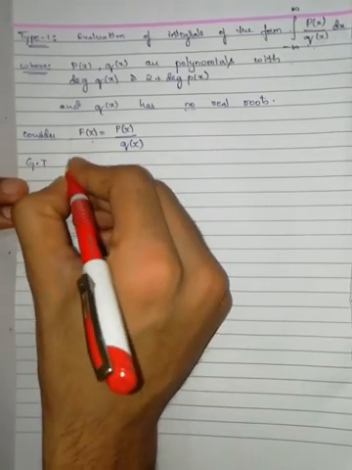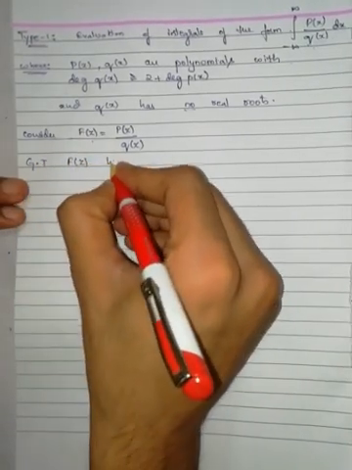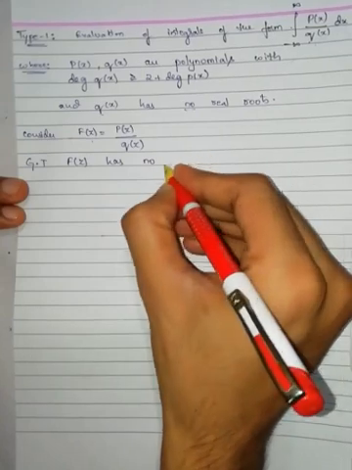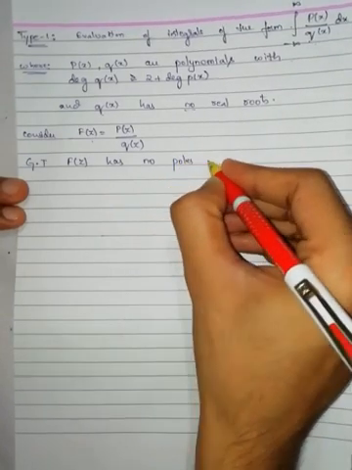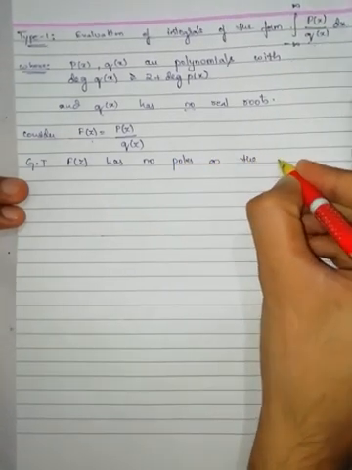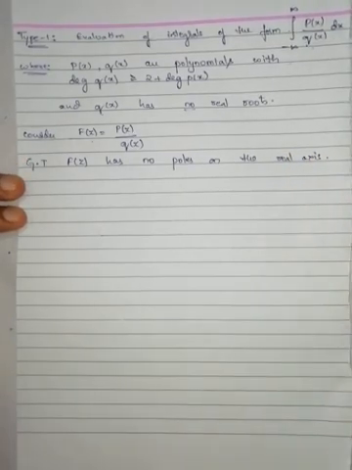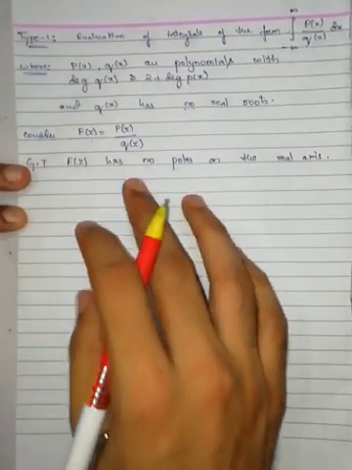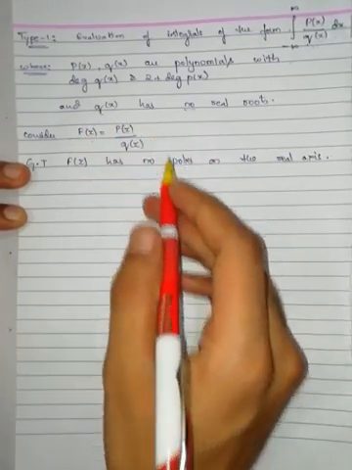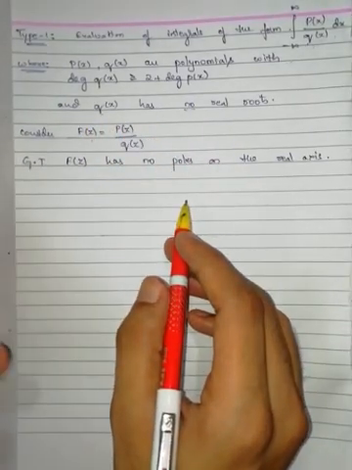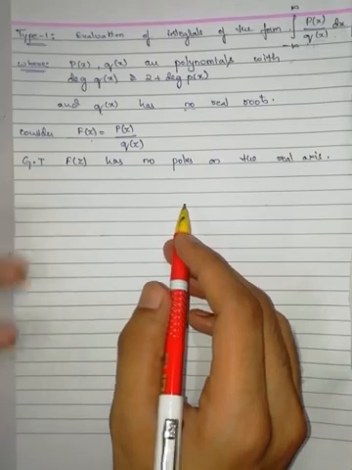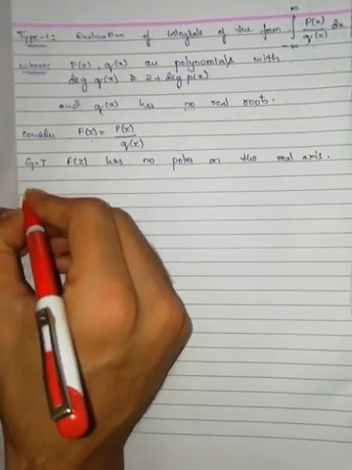Given that F of z has no poles on the real axis, whatever poles there are for this function will lie above or below the real axis.